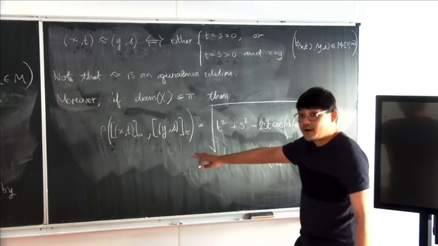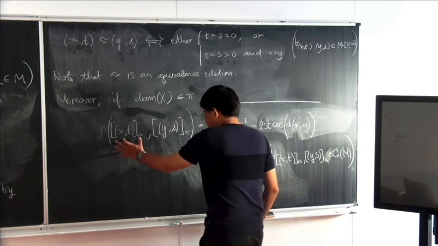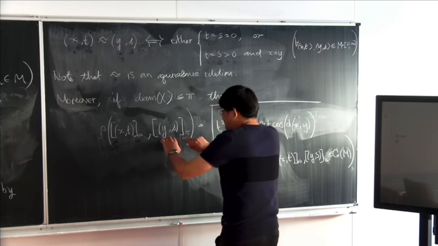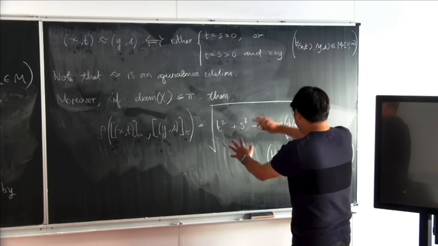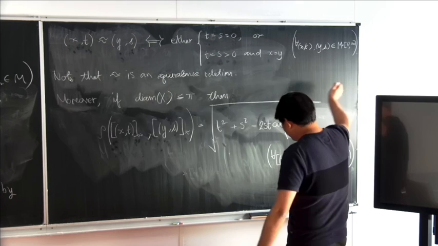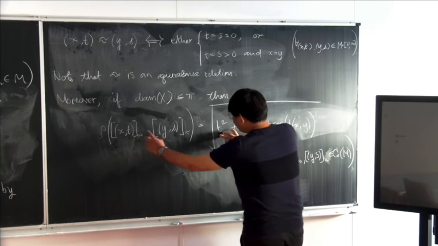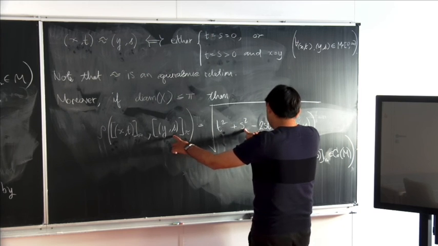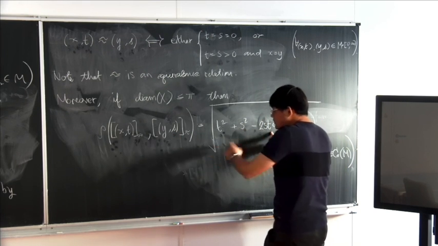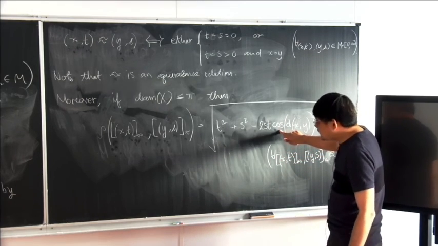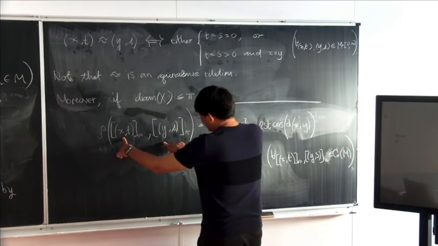Okay, so we define rho like this. Rho between the equivalence class of (x, t) and another equivalence class of (y, s) is defined like this. You have a big square root, and inside it you have t squared coming from the first, plus s squared coming from the second, minus 2st, so s and t, times the cosine of the distance between x and y.